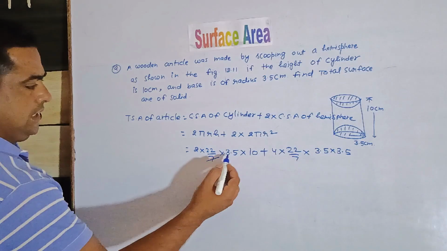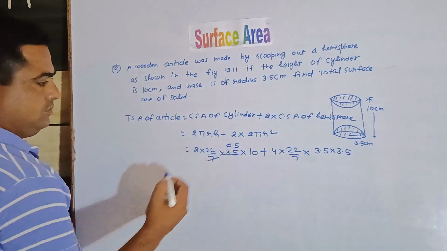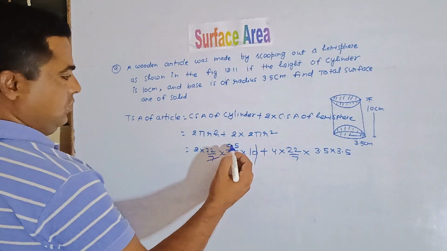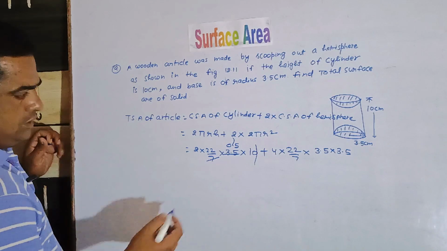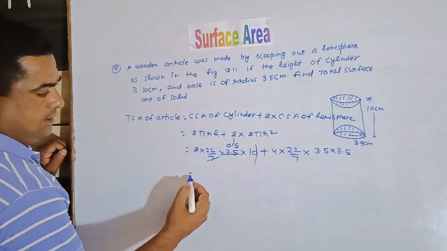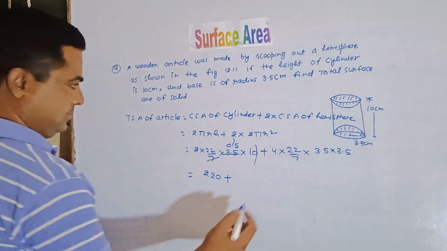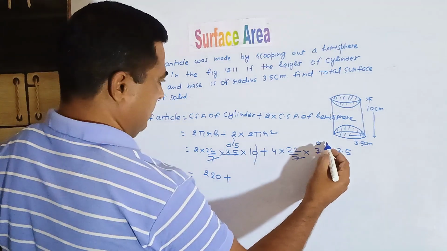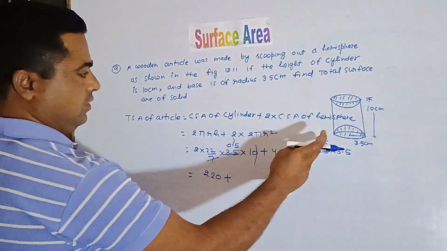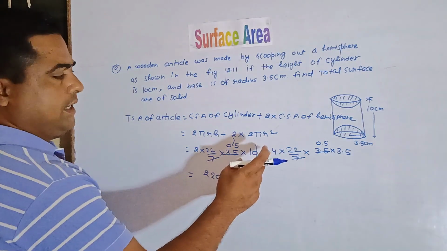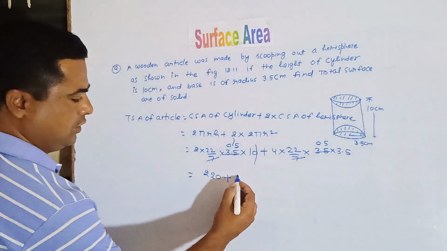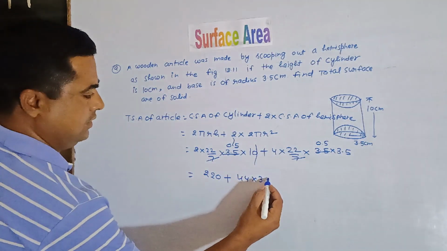Okay, now 7 fives are 35, and we can remove this point here. 2 fives are 10, and 10 into 22, this will be 220, plus 7 fives are 35, 4 fives are 20, 2.0 into 22, this will be 44, into 3.5.